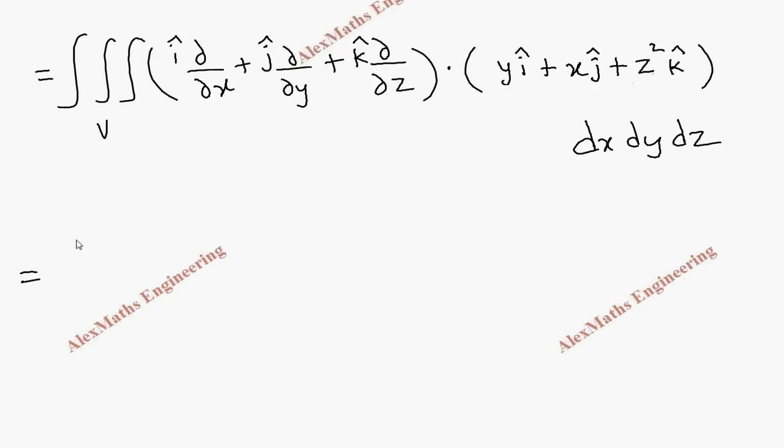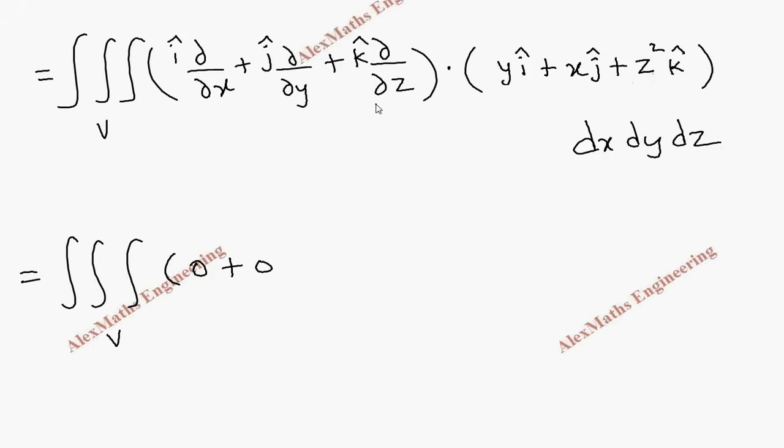Now the triple integral over volume, and when I do the dot product, i dot i becomes the partial derivative with respect to x of y, which is 0. First term is 0. When I do j dot j, again that becomes 0, and the last part is only z square.